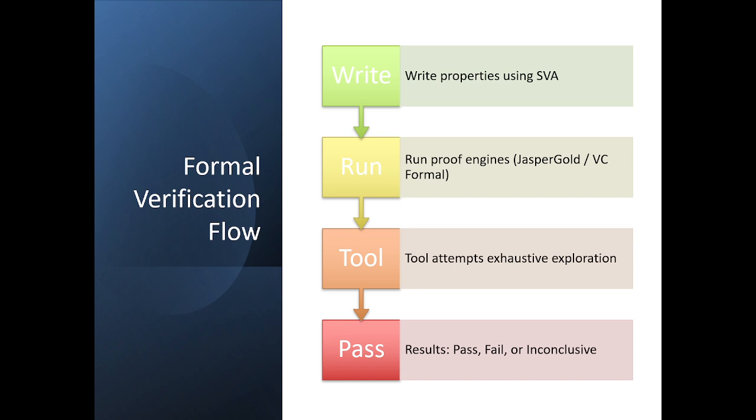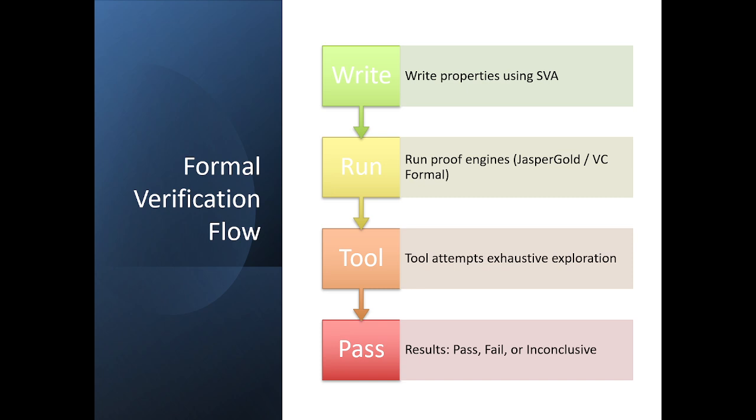So for every verification there will be a flow. For formal verification also there will be a flow. It's like writing assertions and running them in the formal tool, and the tool tries to prove, disprove, or cover the properties. If a property fails, analyze the counterexample trace.